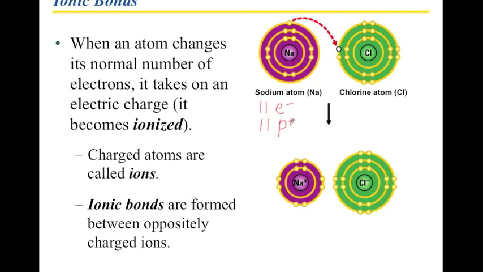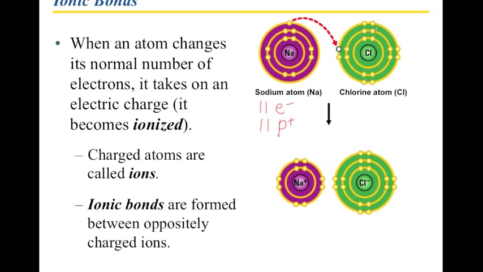So that's how you can figure some of this out. Chlorine is a little bit different. Chlorine also has 3 shells, 1, 2, 3. It has 2 electrons on the inner shell, 8 on the next, and 7 on the outermost.